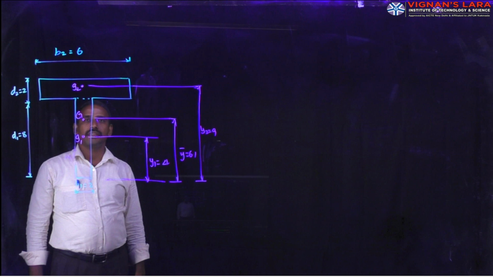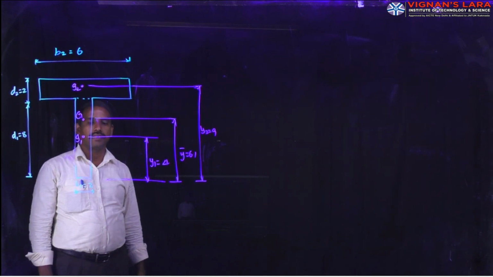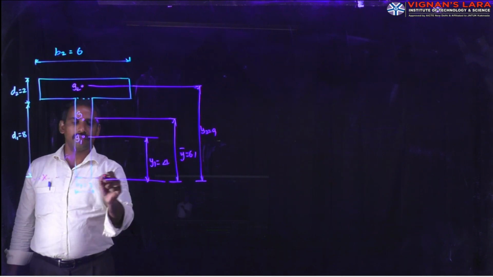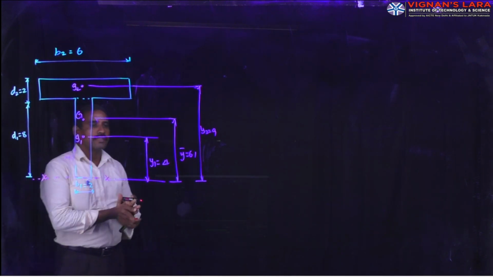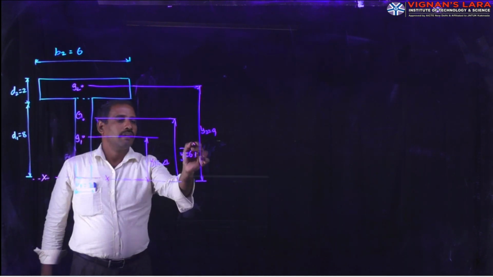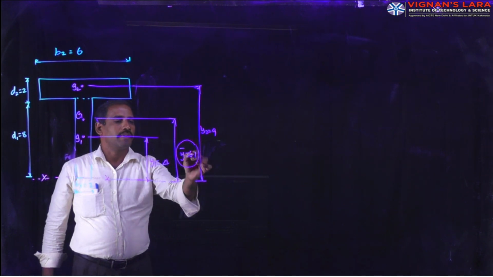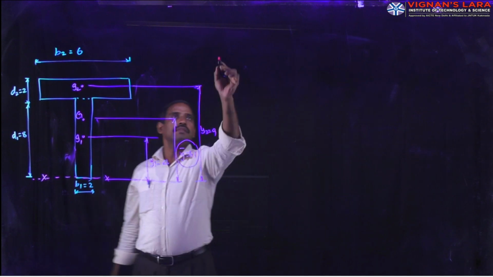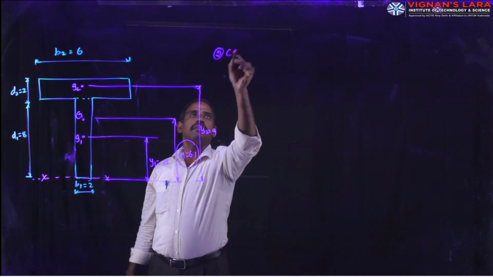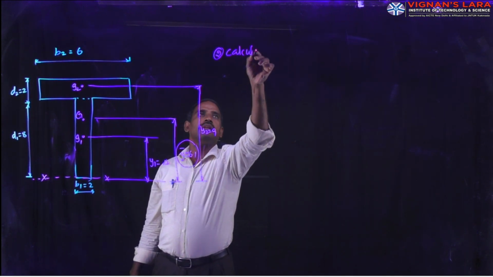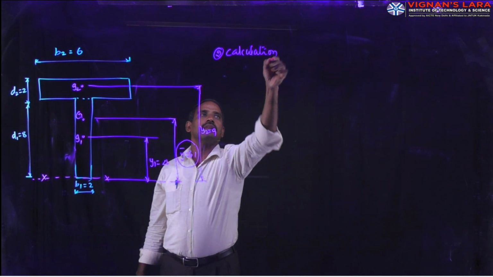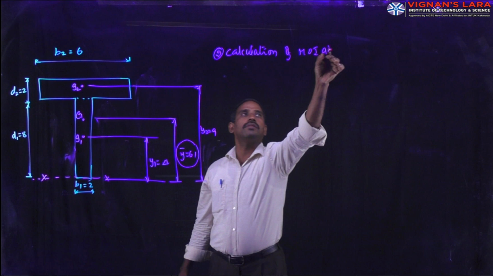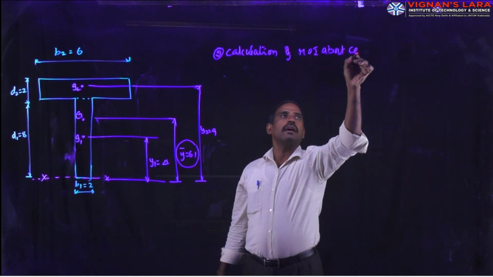So in the first part, we calculated the centroidal distance from the chosen axis at the bottom of the T section, which is y bar, equal to 6.1. The second part is the calculation of the moment of inertia about the centroidal axis.